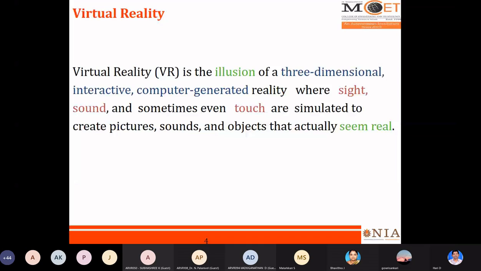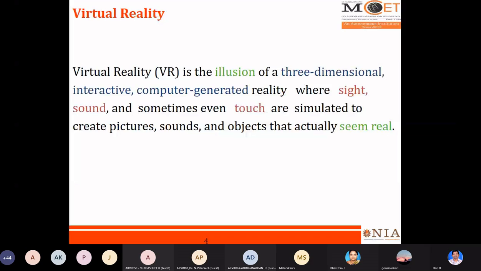This is important in virtual reality. We create it by means of pictures, sounds, and objects, and we make it feel real. The person working with virtual reality should feel the actual thing. That is important in virtual reality.